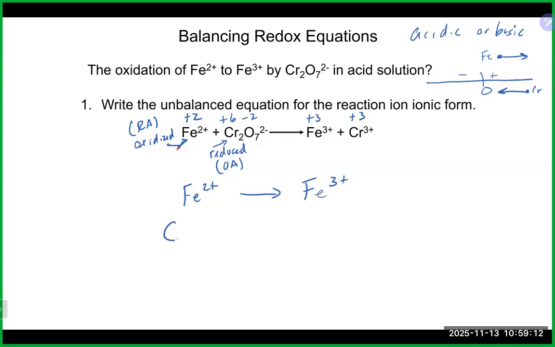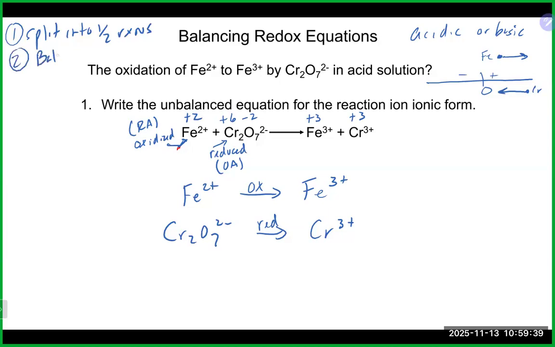I see a chromium on the left and a chromium on the right. So those two should basically go together. We also know now that our iron here is our oxidation half reaction. This is our reduction half reaction that we just figured out. All right, so that's the first thing, is basically split into half reactions.